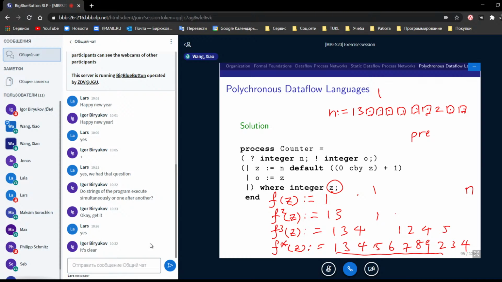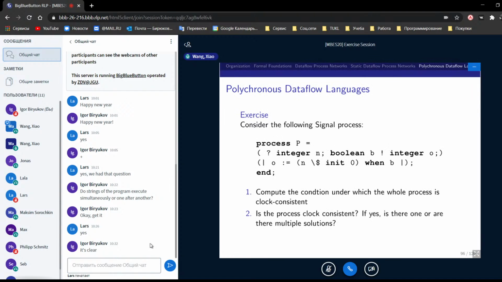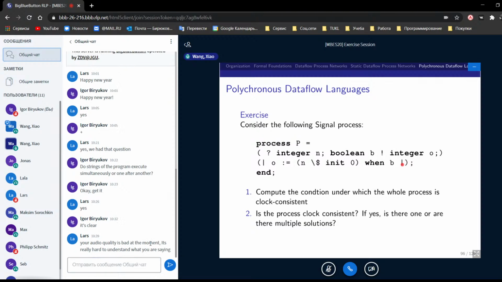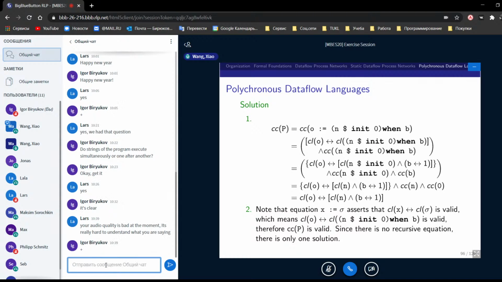Then we need to define the clock consistency condition to pin down one solution. But do we have that here? I don't think so. We don't have any recursive definition here. We have O, but O doesn't appear on the right-hand side.